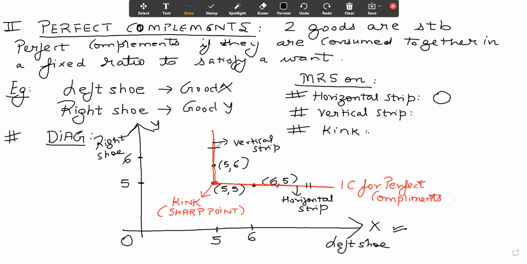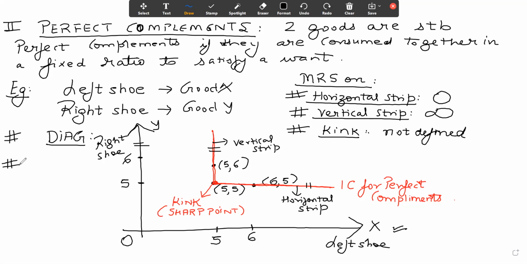Any line which is parallel to the y-axis has slope equal to infinity. And we just said that a kink is not differentiable. Since you cannot differentiate the function at the kink, MRS is not defined at the kink.